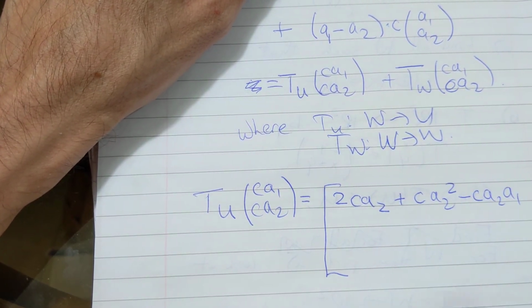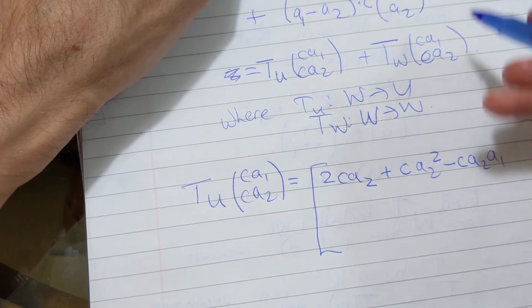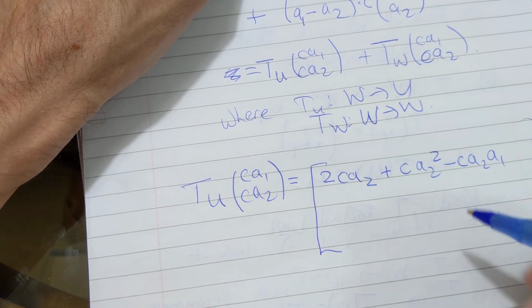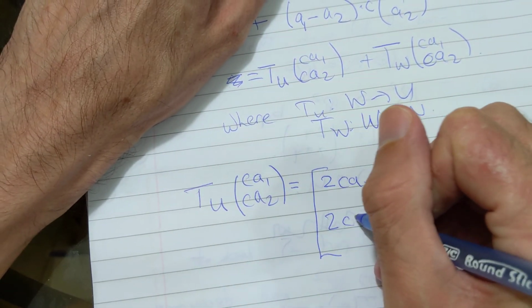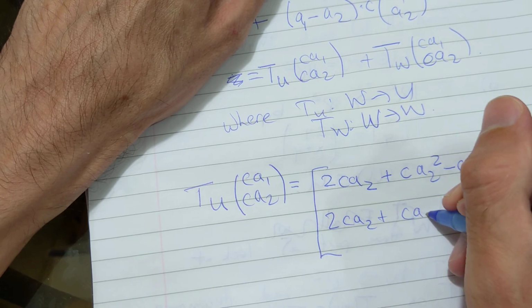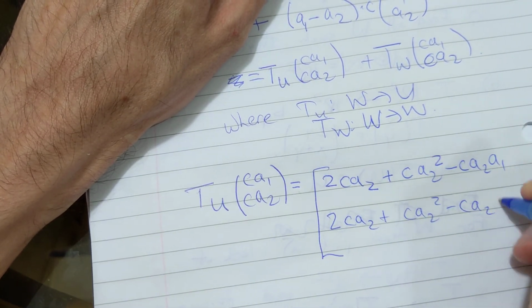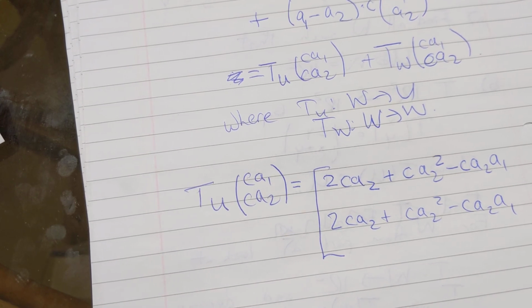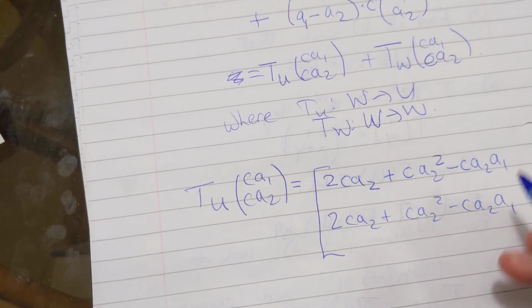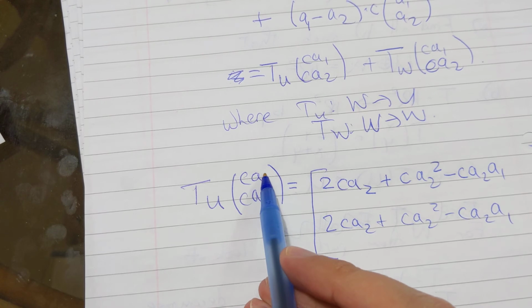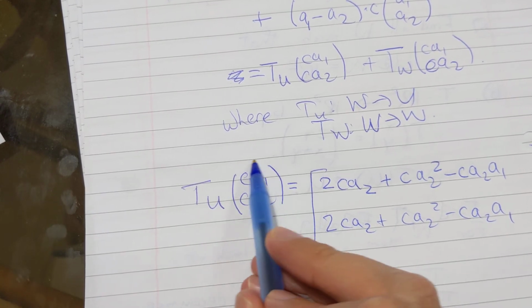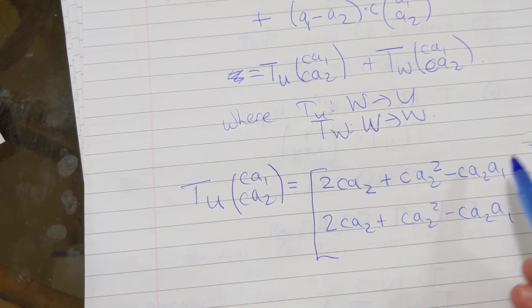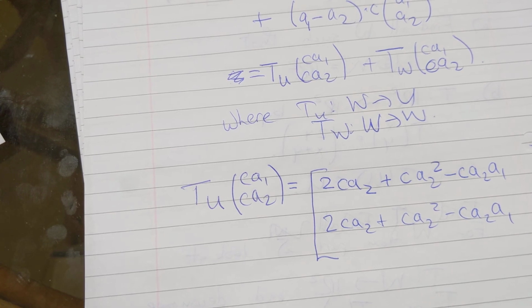And then in the second coordinate I get the same thing. So notice these are all the vectors in W, and this is a vector in U since its two coordinates are the same.